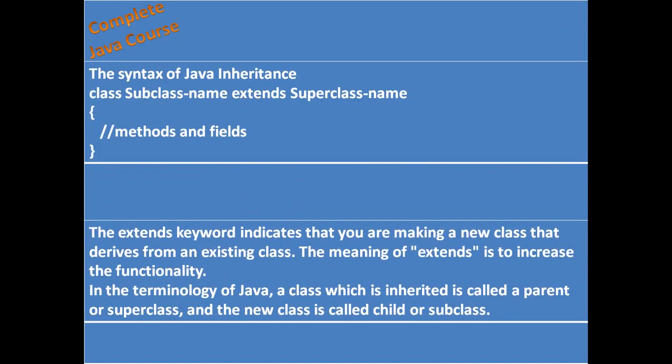The extends keyword indicates that you are making a new class that derives from an existing class. The meaning of extends is to increase the functionality. In the terminology of Java, a class which is inherited is called a parent or superclass, and the new class is called child or subclass.